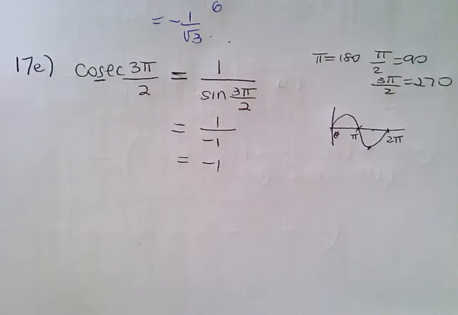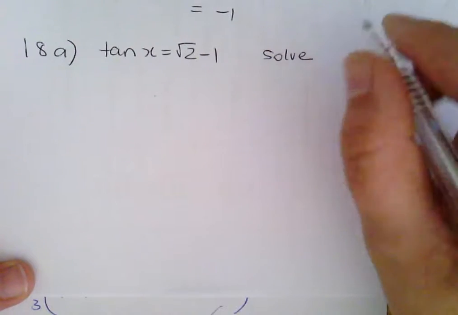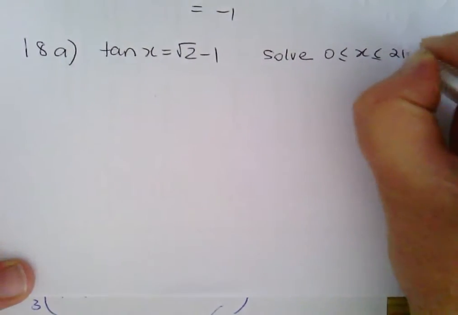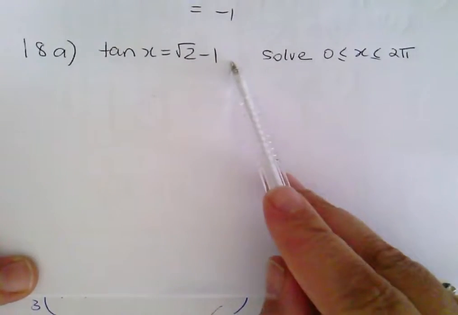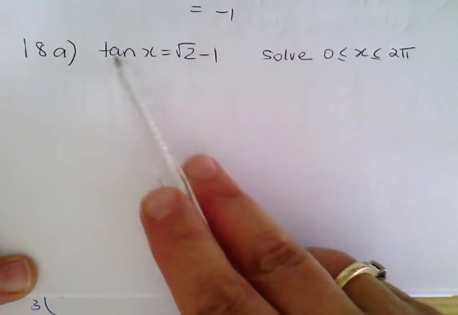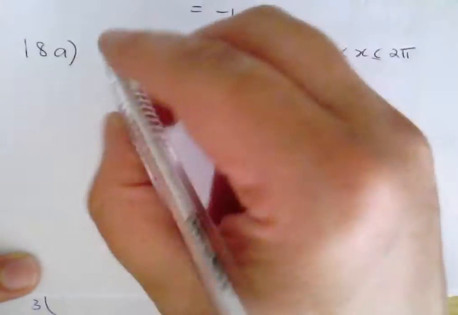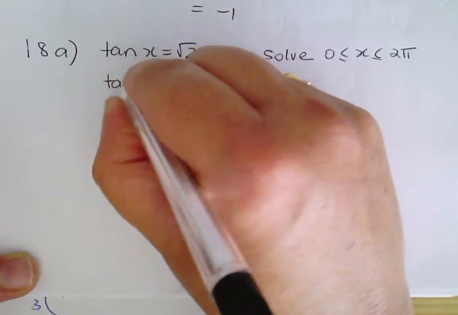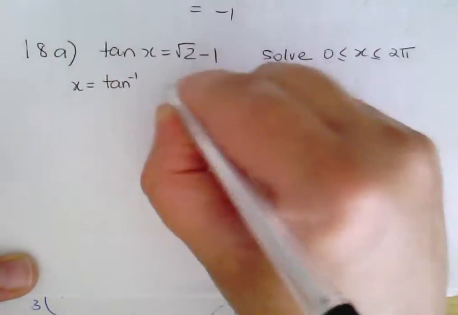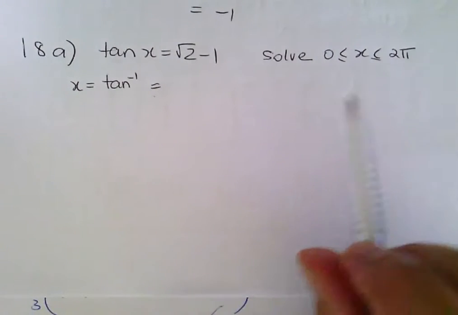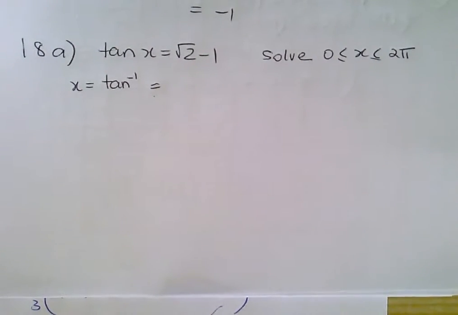Okay? All right. So question 18a, solve for x from 0 to 2 pi. Now, I know this is root 2 minus 1, but that's just a number, girls. So this is just tan of x is something, okay? Now, you'll just work out what root 2 is approximately equal to. Work out what root 2 minus 1 is. Girls, square root of 2.